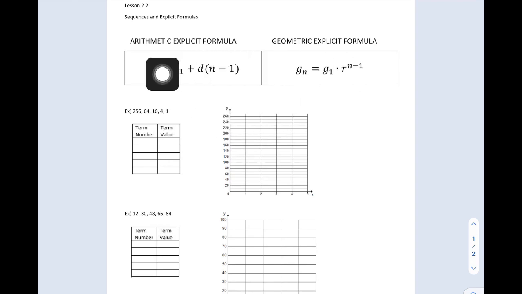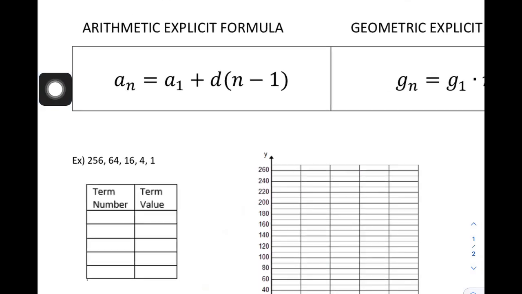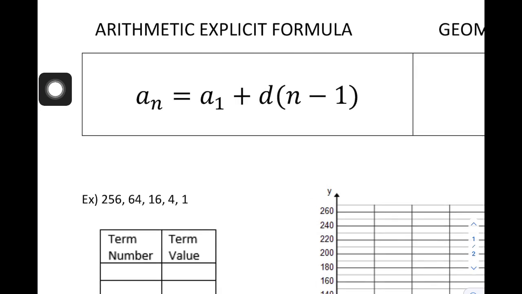So first I want to talk about these specific parts of the formula. Looking at just the arithmetic one, there's two main parts that we need to understand. I'm going to highlight these two. So we have this a sub 1 and we have this d.